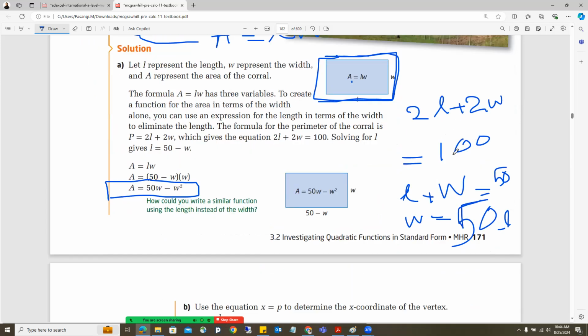Length is equal to 50 minus W. Then we can rewrite the area of the rectangle, L times W, with L as 50 minus W: 50 minus W times W, which is 50W minus W squared.